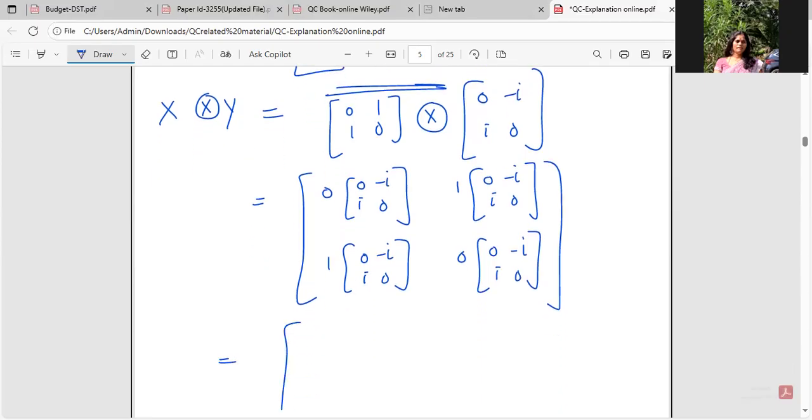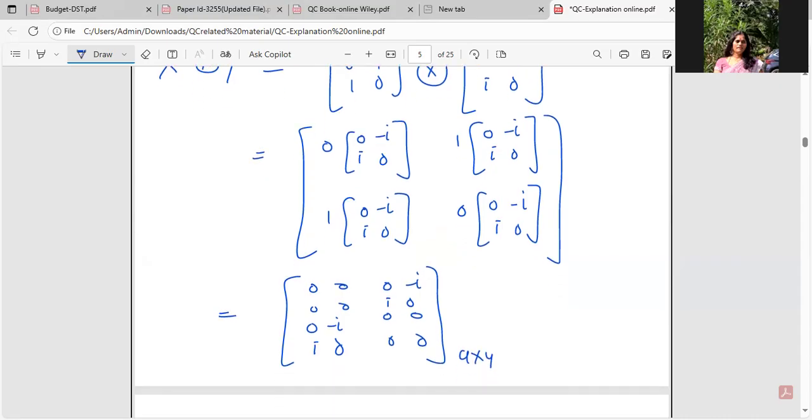So I'll have a null matrix of order 2 by 2 here, and also here a null matrix of order 2 by 2, with the Y gate blocks. So in total, I'll have a 4 by 4 matrix with 16 elements.